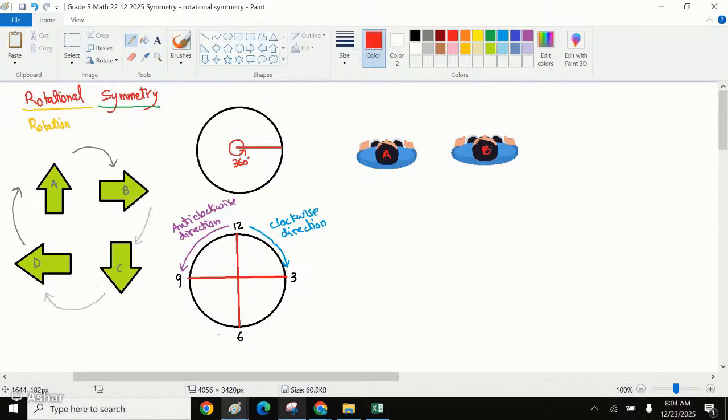B, right? So what happens is, when your PE teacher gives you an instruction to about turn, one of the students can rotate from, sorry, this student can rotate from this side.